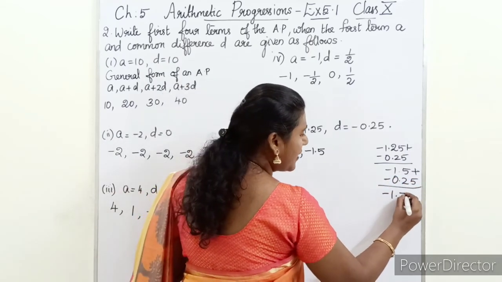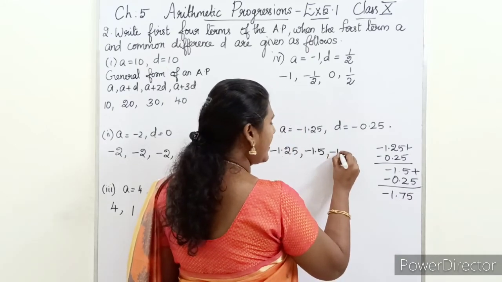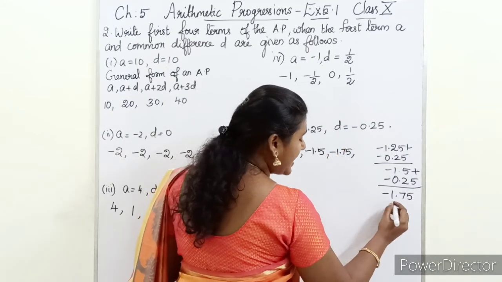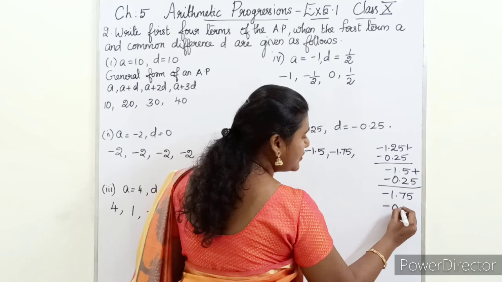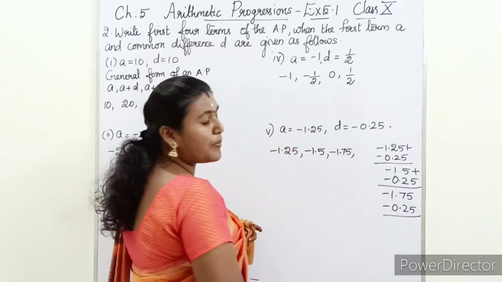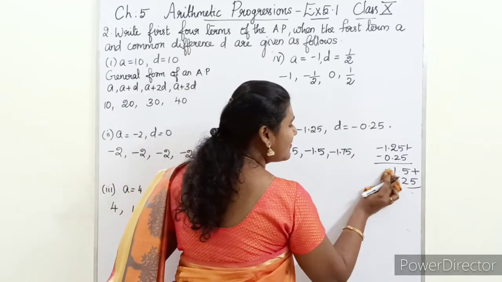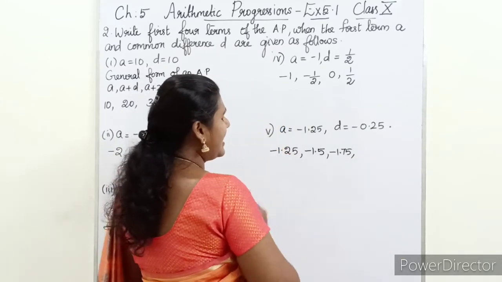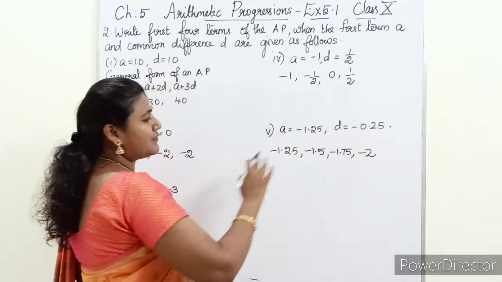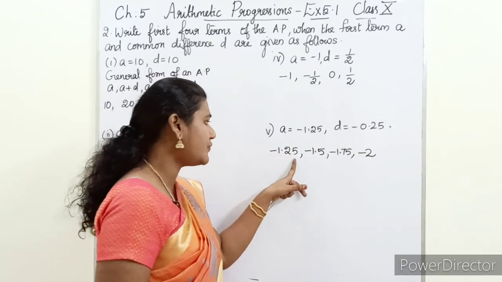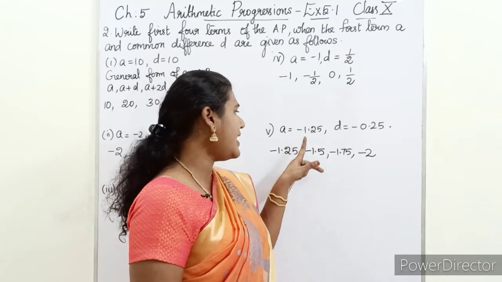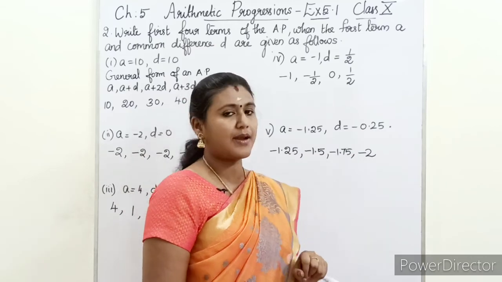So what is the answer? Minus 1.75. Again with the minus 1.75 you have to add minus 0.25. So what is the answer? Minus 2. So the first four terms of this AP, fifth question, are minus 1.25, minus 1.5, minus 1.75 and minus 2.